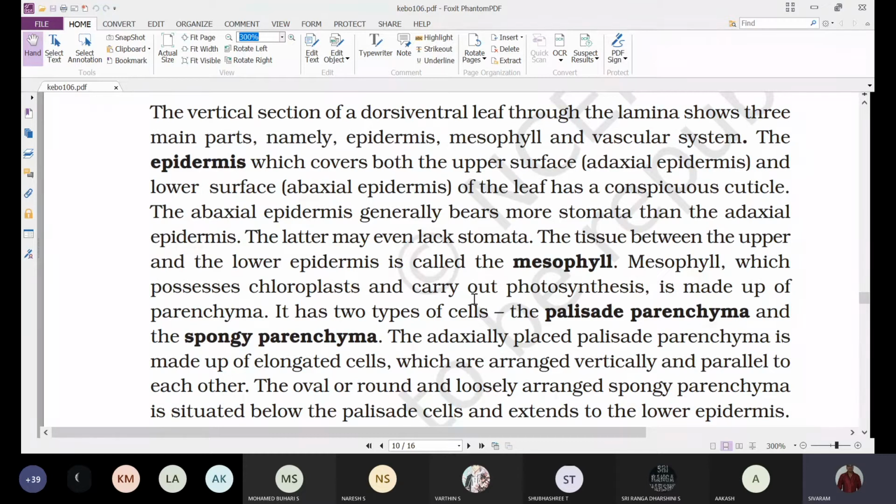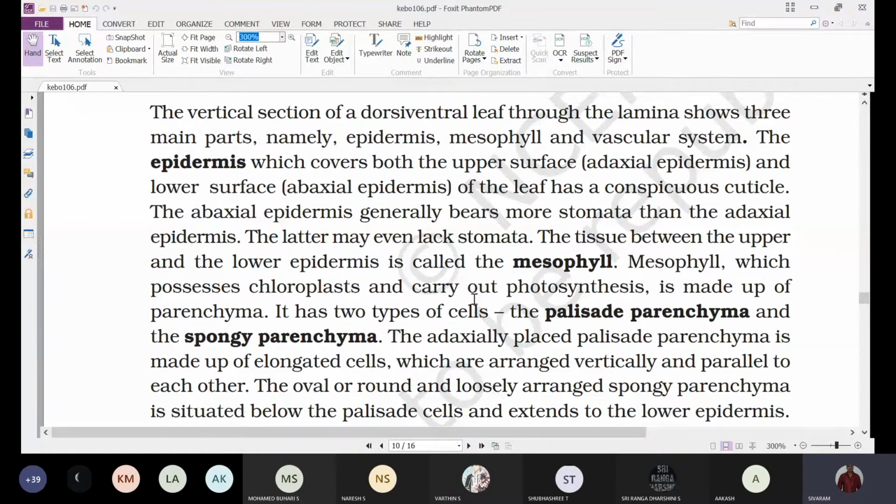Next, what is mesophyll? The tissue between the upper and the lower epidermis is called mesophyll. Whatever tissue is present between the upper and the lower epidermis, we call it mesophyll.